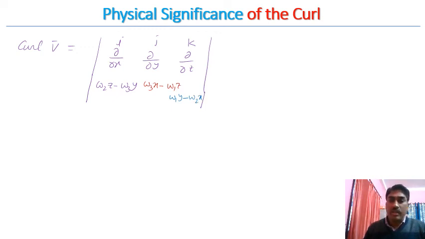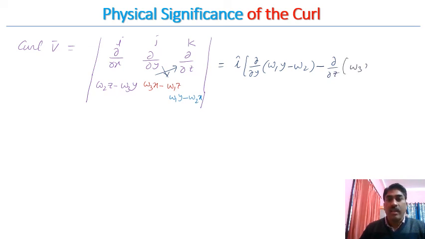So you can again open this determinant, and you will get i times, you can say this minus this, so del by del y of (omega 1 y minus omega 2 x) minus del by del z of (omega 3 x minus omega 1 z), and minus j times.